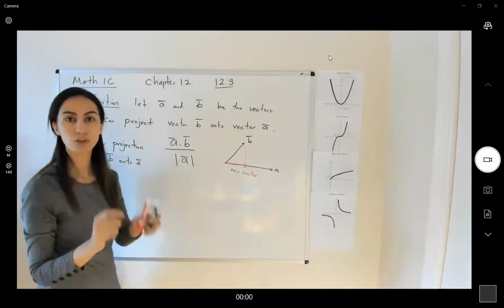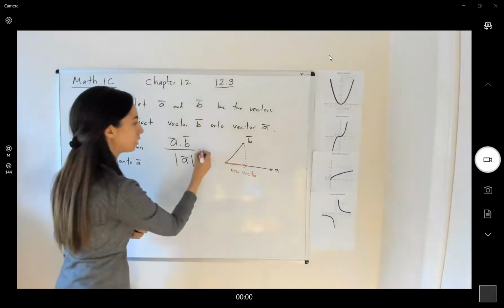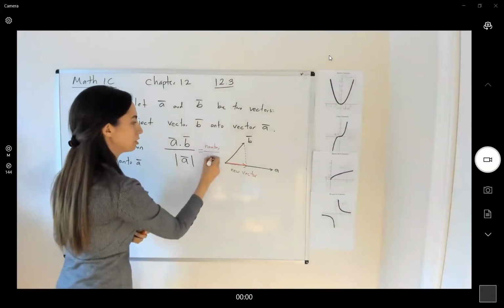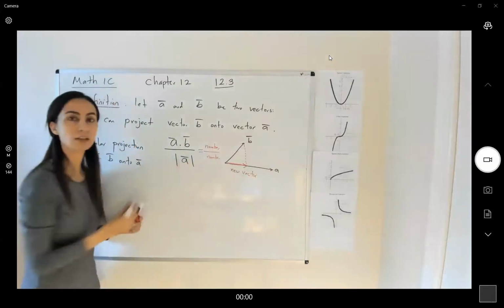On the denominator you have another constant, another number. The outcome is a number divided by a number. This is not a vector.